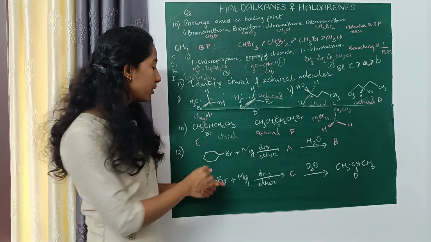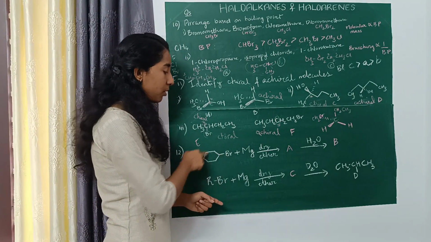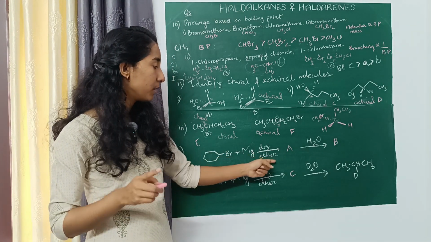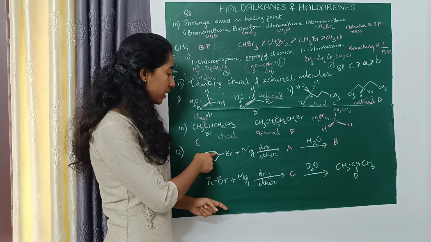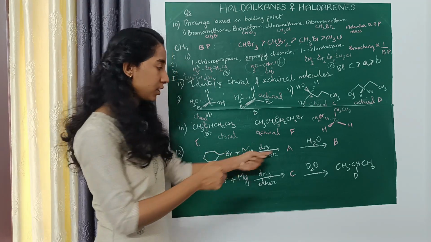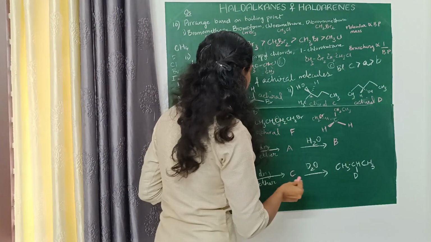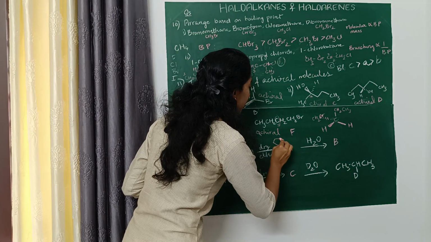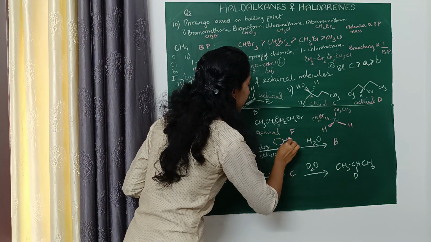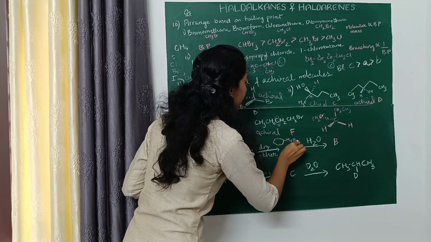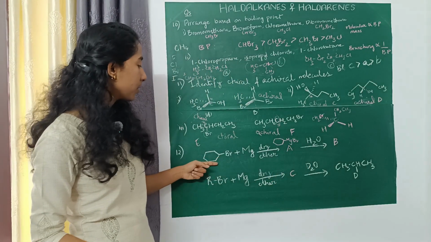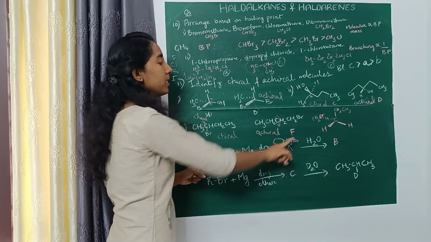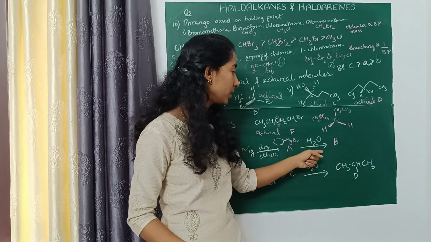So here what you have is cyclohexyl bromide, right? Cyclohexane is attached to bromine. Magnesium, dry ether, and what you get is cyclohexyl with MgBr attached to it. So we can write the reaction as cyclohexyl, to it MgBr will come, and then water.